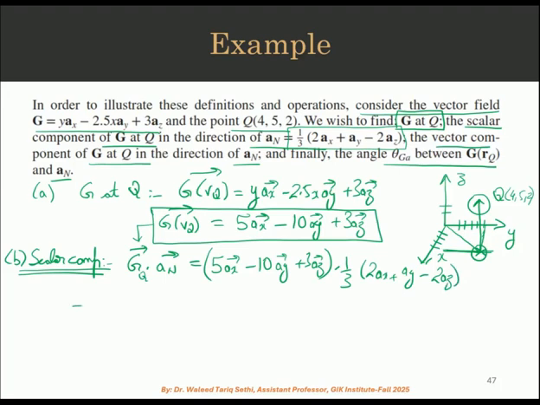So how do we take the dot product? We segregate AX, AY and AZ. I take 1 by 3 as common, and I can say 5 multiplied by 2 for AX, plus minus 10 multiplied with 1 for the AY unit vector, plus 3 multiplied with minus 2 for AZ.